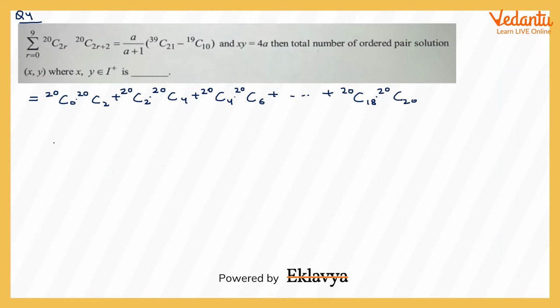Now please see, I can also write this as 20C0 into 20C18 so that some of the numbers below it are the same, 20C16, and that's a very standard problem if the sum is the same. In fact, for difference also it could have been done directly, but let me do it for sum only. So this is how we can write it.